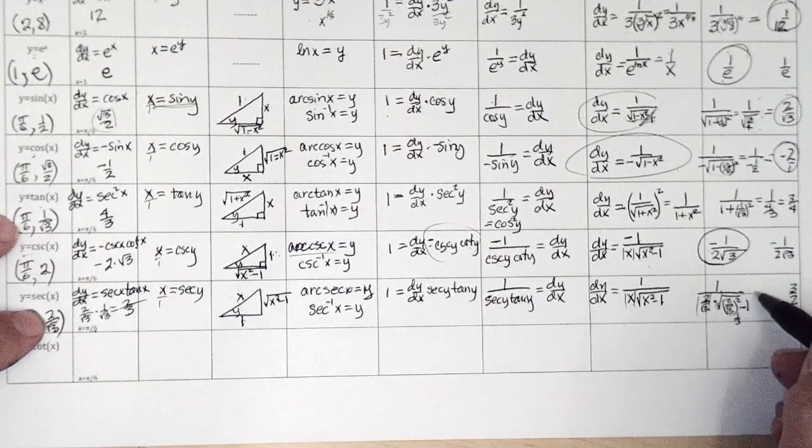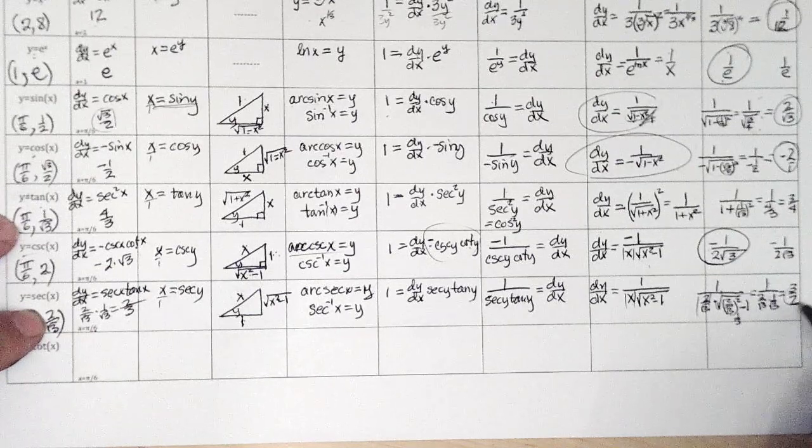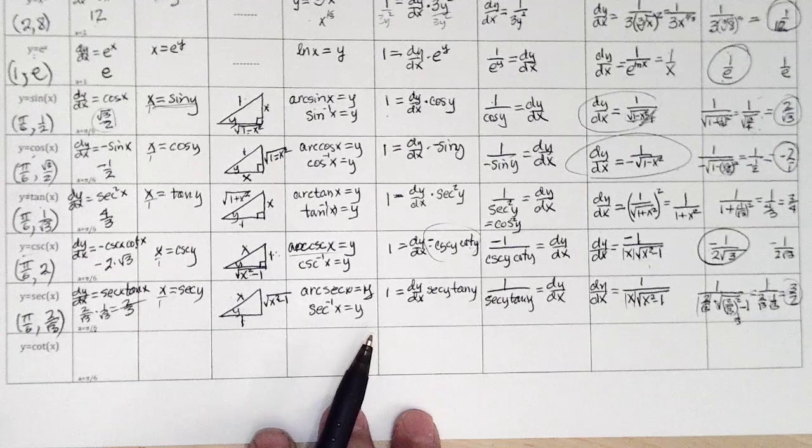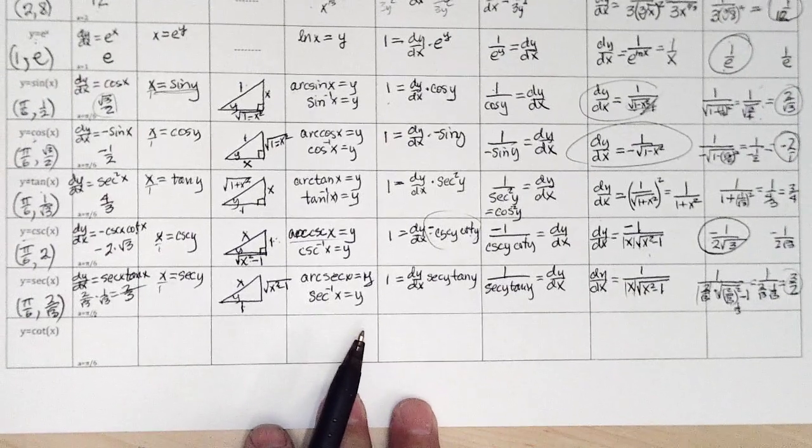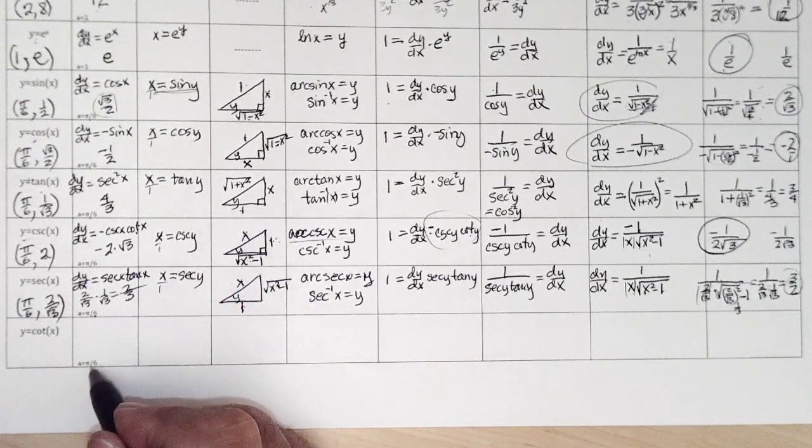So we got 1 over 2 over the square root of 3 times the square root of 1/3, which is 1 over the square root of 3, which is 1 over 2 over 3. 2 over 3's reciprocal is 3 over 2. I'm right. That's scary.